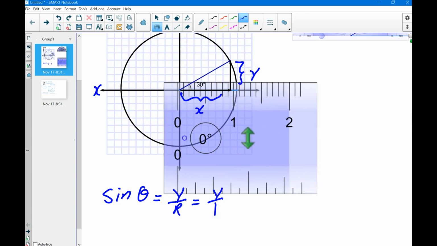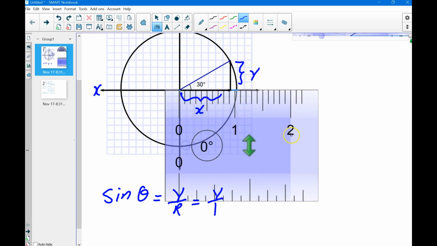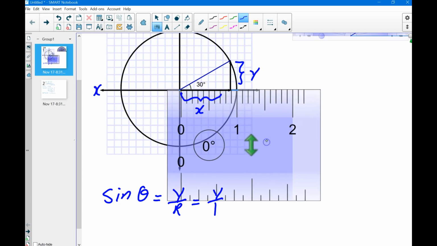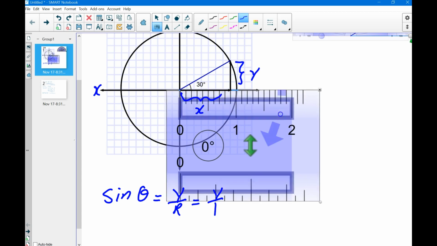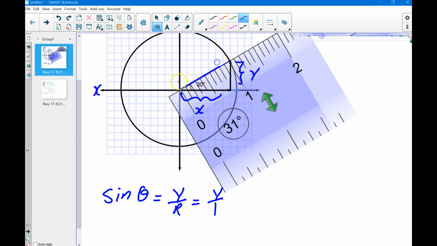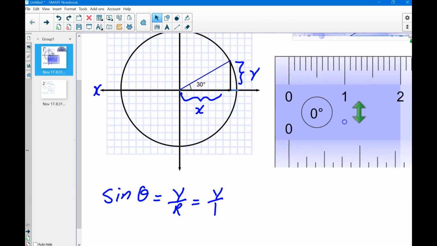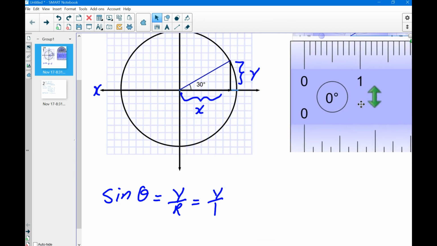Well, I took my ruler back here again and moved it up, and you can see that when I measure it, it's still going to be 1. Cool? So this is y over 1.